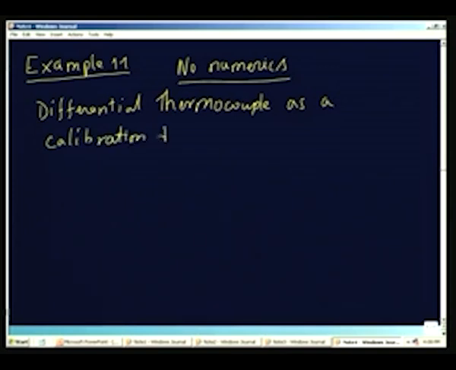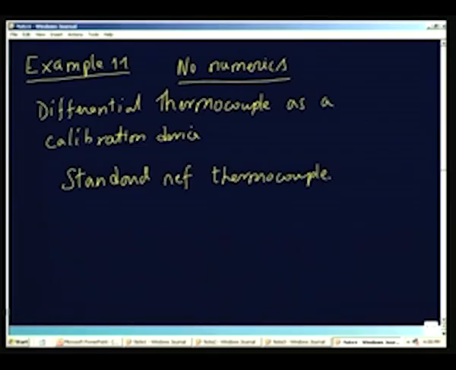Suppose I have a calibrated standard reference thermocouple which has been obtained from a commercially available source, and I have what I will call an individual thermocouple.